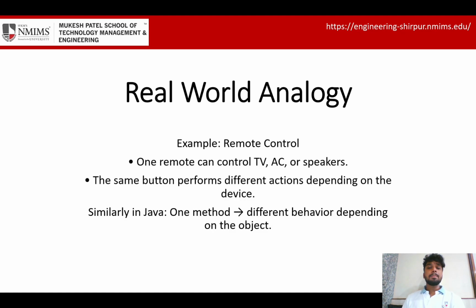For example, pressing the power button turns on the TV, but it can also turn on the AC or speakers. So the input is the same, but the output is different. This is exactly how polymorphism works in programming. A single method can behave differently depending on the object it is used with.